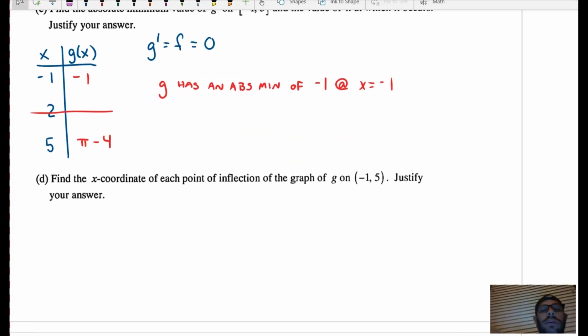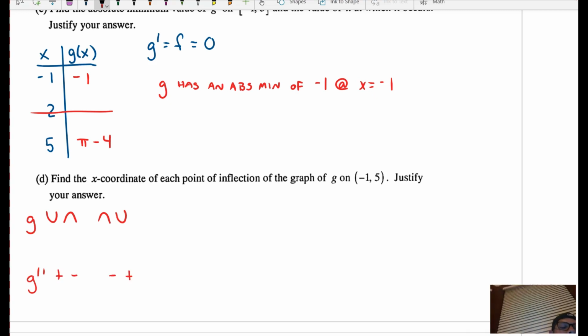And then part D, find the x-coordinate of each point of inflection on the graph of G. A point of inflection is where G changes concavity, either from up to down or down to up. That means G double prime will be changing from positive to negative or negative to positive. And that means G prime will be changing from increasing to decreasing or decreasing to increasing.